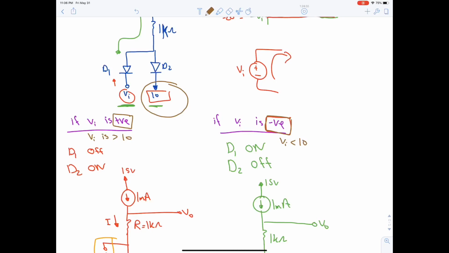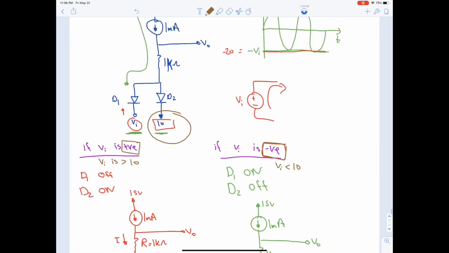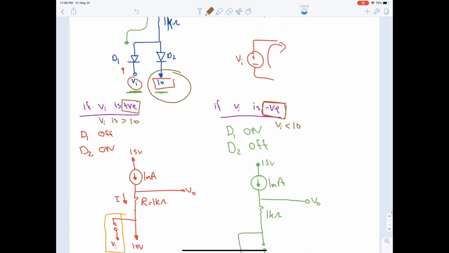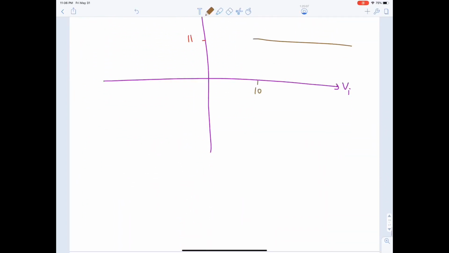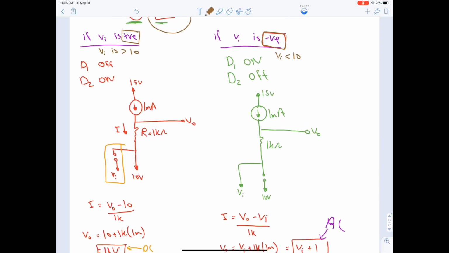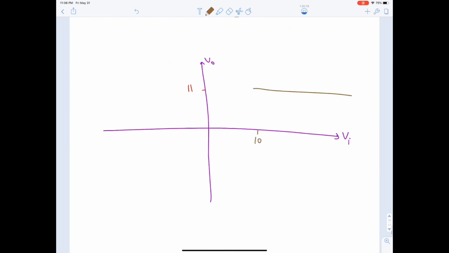Now, anyhow, just remember that in this example, when drawing the VTC, you need to be careful. You need to put the number that is facing VI, which is 10. Okay? Let's continue. Now, if VI is negative, V output is what? It's VI plus 1. What does that mean?